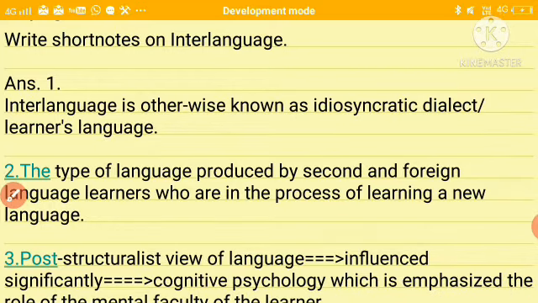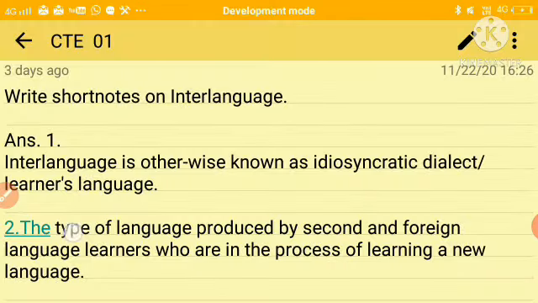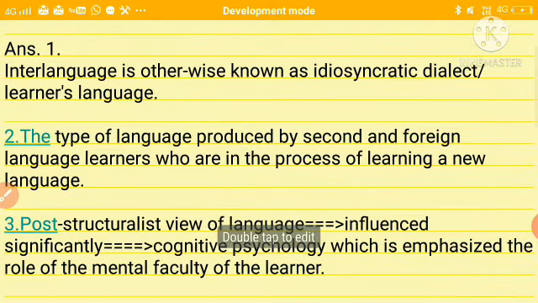Then come to point 2. The type of language produced by second and foreign language learners who are in the process of learning a new language.